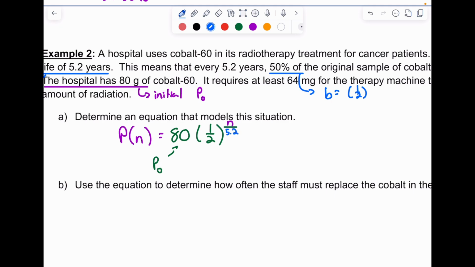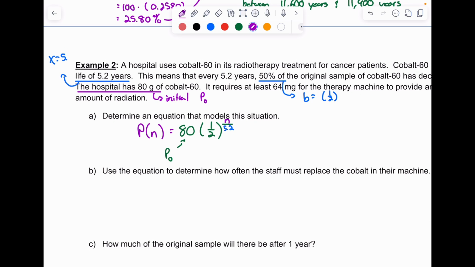So n in this case is how many years, like n is the period or time passed. And P of n is the future amount.